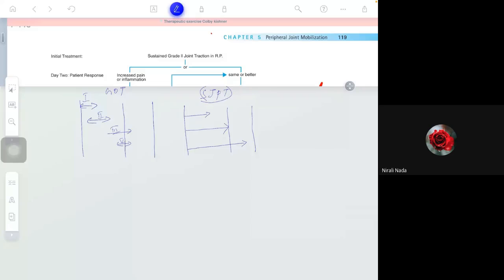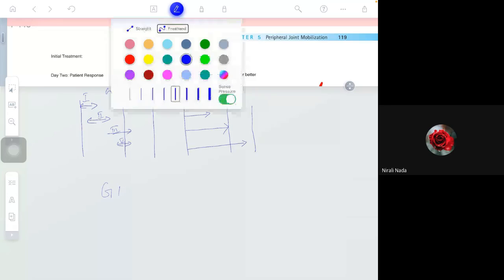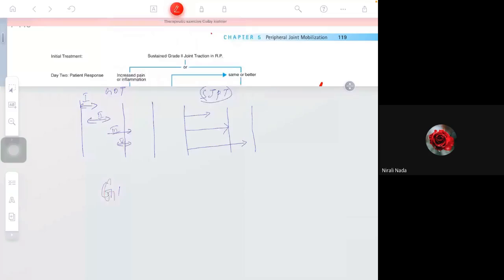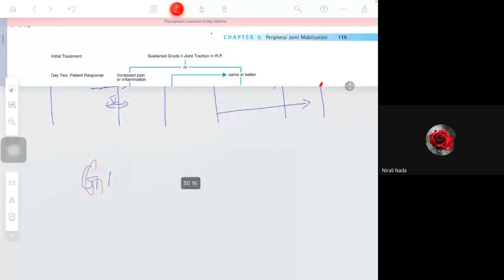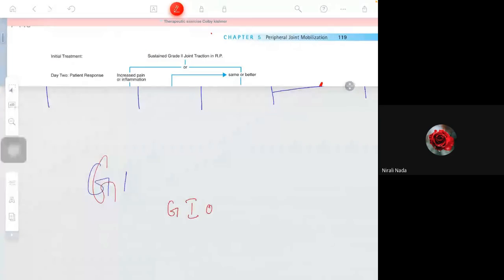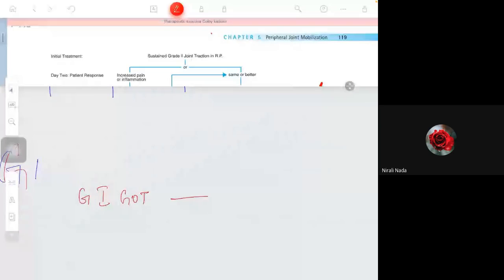So now, next question. Now I am asking you a question, anyone can answer. If I want to give grade 1 oscillation, oscillation means graded oscillatory technique, what do I have to do? First I have to give.